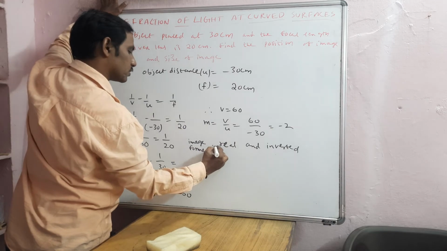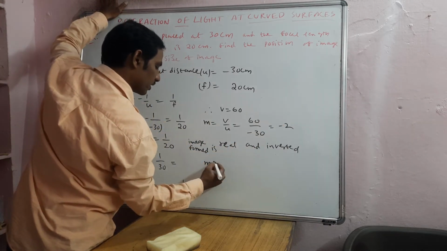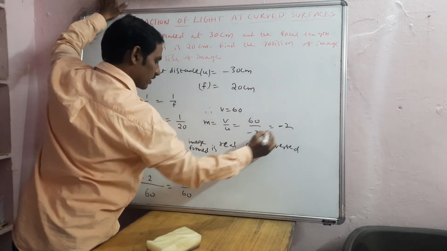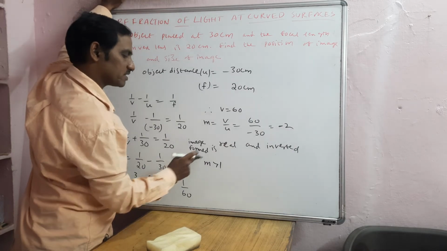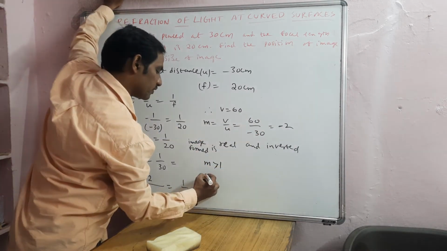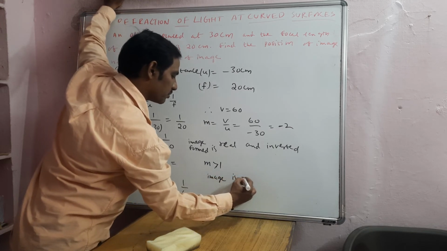You write that. And see, numerically M is greater than 1. So minus 2, forget about sign. Sign tells about real inverted only, that is nature. But the number 2 is greater than 1, so you would say the image is magnified or enlarged.